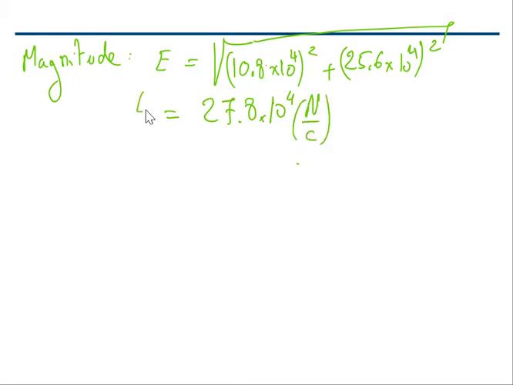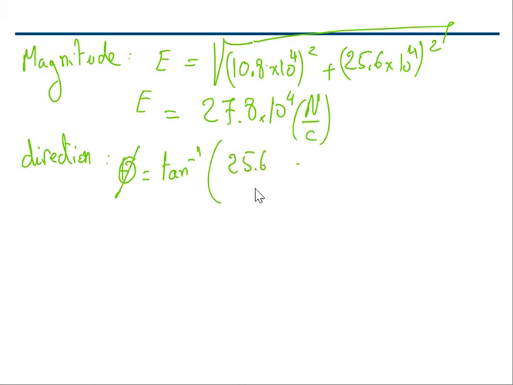This is the magnitude. What about the direction? Let's say it's phi, according to the figure. Tan inverse of the y component, 25.6, divided by 10.8. Both have 10 power 4, so they cancel each other.